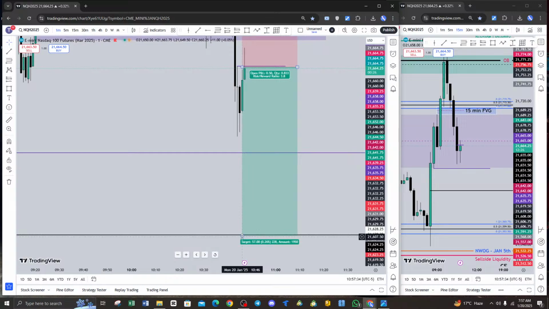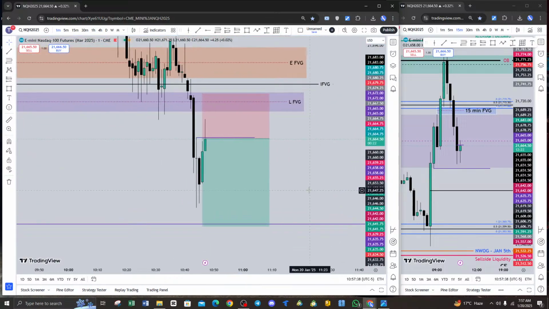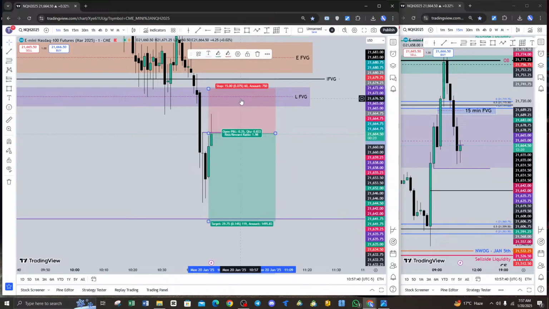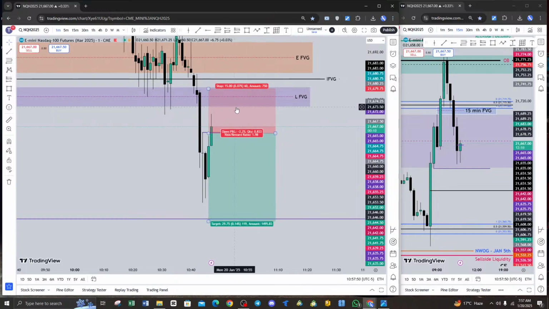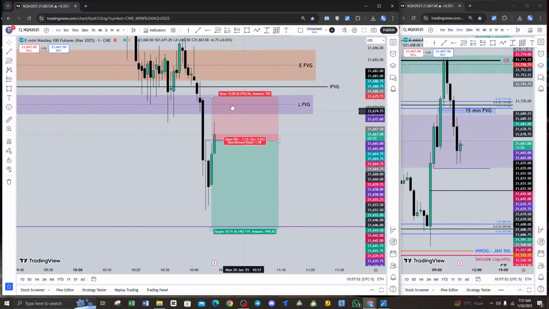Wait, let me move the target profit over here. That's my 30 handle target profit and it's a 15 handle stop loss. It's covering the last fair value gap and covering this candle which has made the fair value gap.